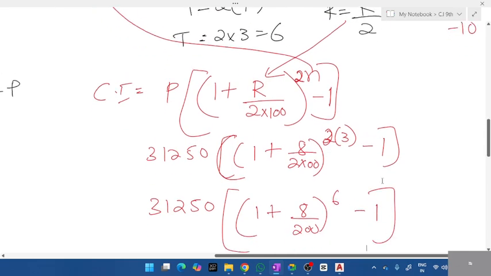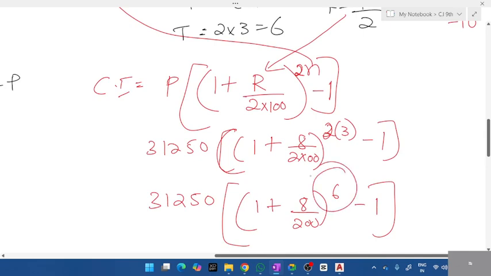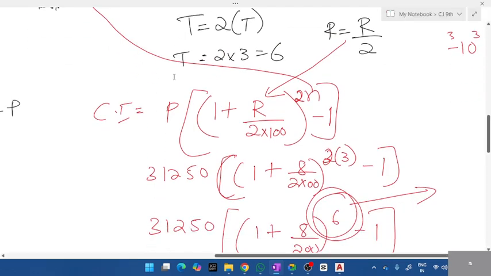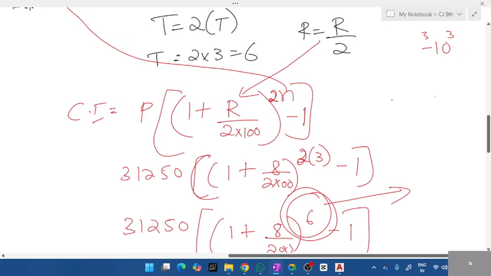Can you see the time period is converted into 6? What do you mean by the 6, students? What's the actual number of years given in the question? 3 years. In 3 years, how many 6 months does 3 years have? In 1 year, how many 6 months do we have?